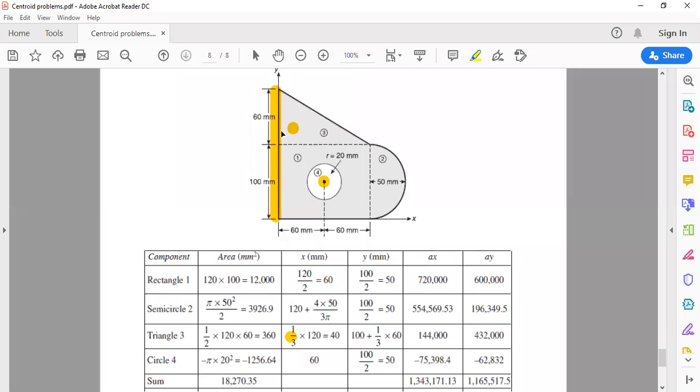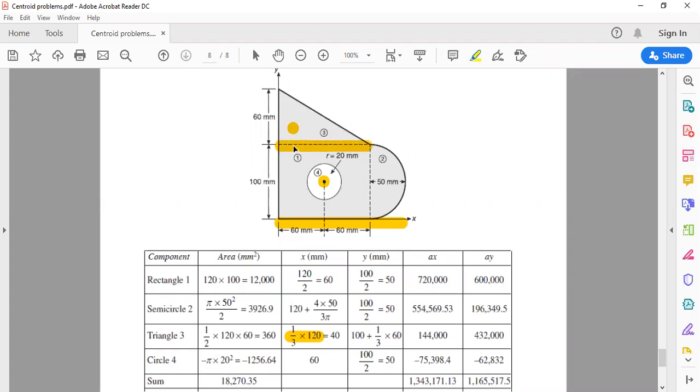Next, I want the distance of this CG from the x-axis, which is y bar, the y coordinate of the right angle triangle. So the distance between the reference x-axis and this CG is 100. 100 will get me to the base of the triangle.